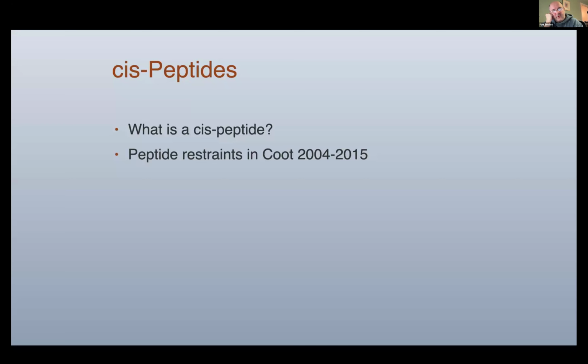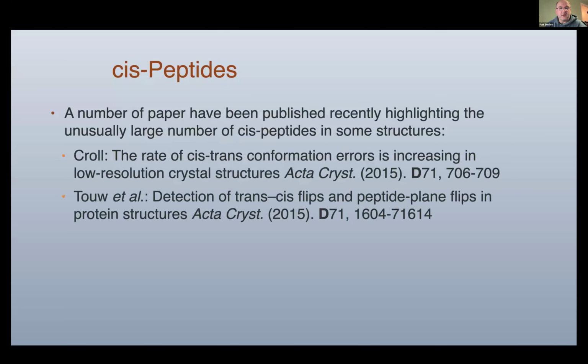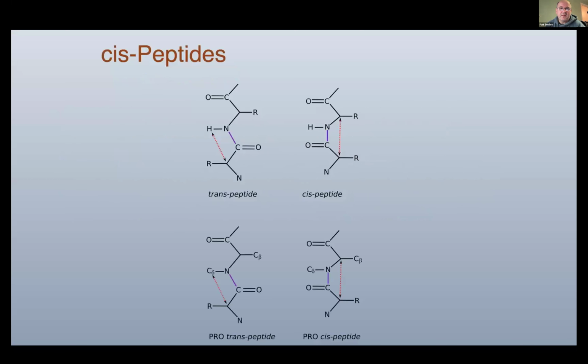Tristan may talk about this as well, perhaps. There was an example a few years ago now that was problematic: the cis peptides, and Coot perhaps was a contributor. I won't dwell on this too much.